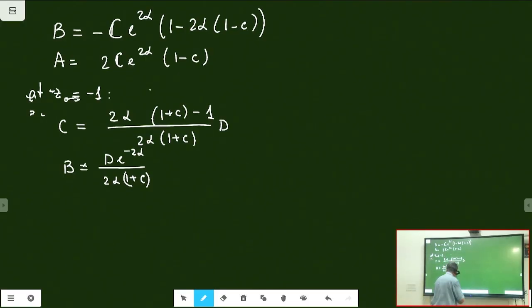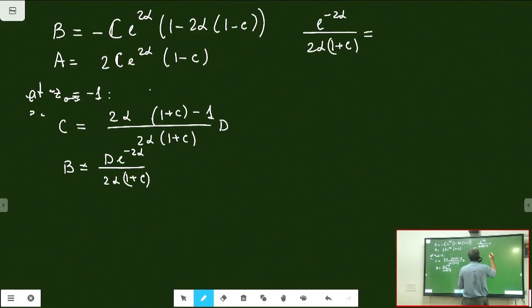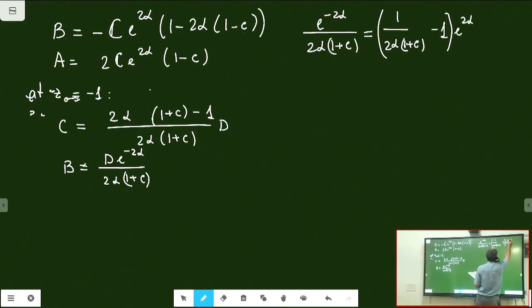If I do that, I will get e to the power minus 2 alpha divided by 2 alpha (1 plus c) is equal to 1 divided by 2 alpha (1 plus c) minus 1, multiplied by e to the power 2 alpha (1 minus 2 alpha (1 minus c)).